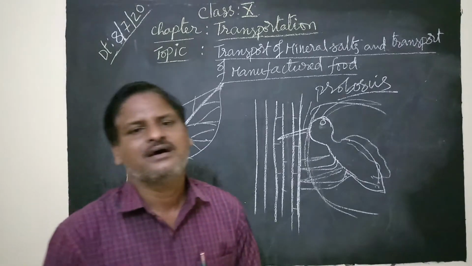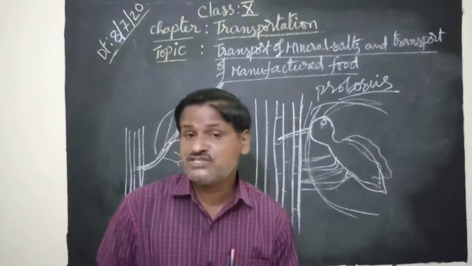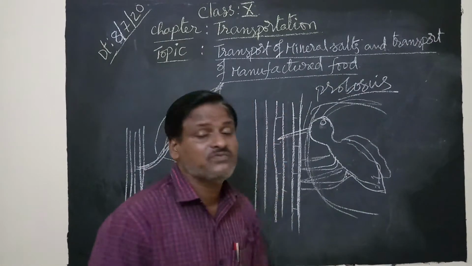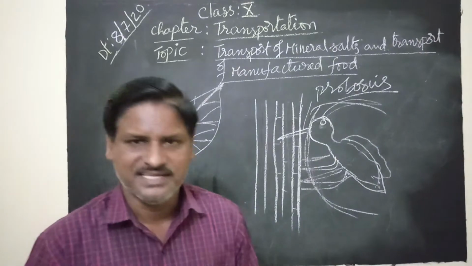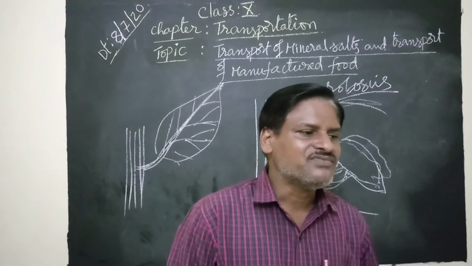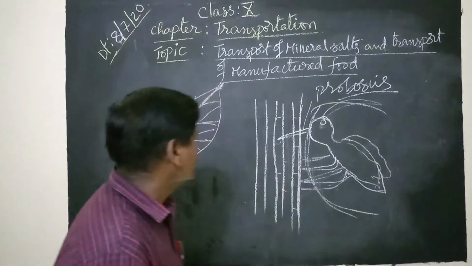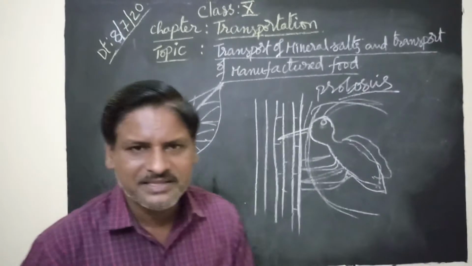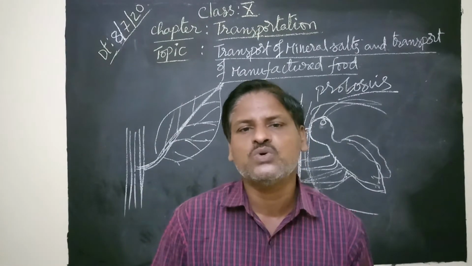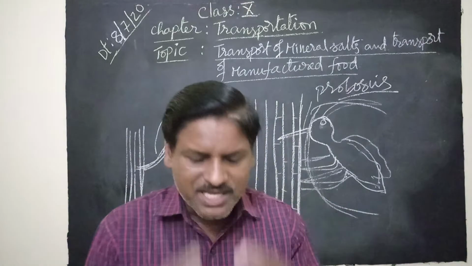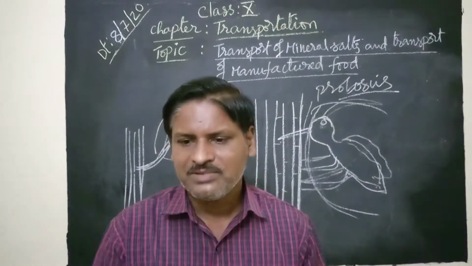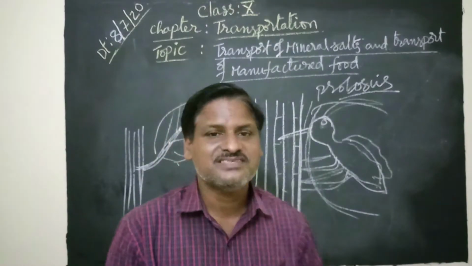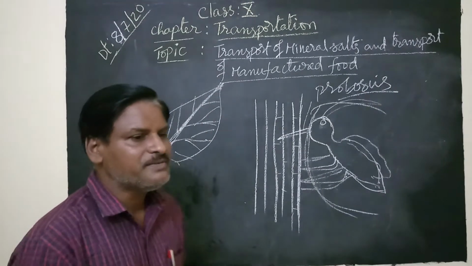So by this activity the scientists understood how the phloem vessels are helpful for the transportation of food materials. And after that, children, there is honey dew, which is nothing but the excess glucose from the aphid coming out particularly from the proboscis. Okay, children.